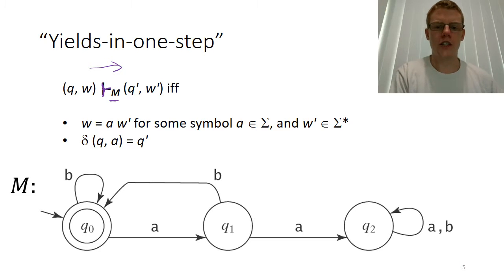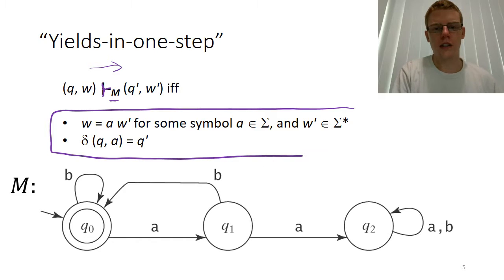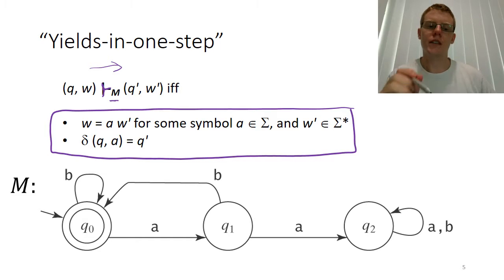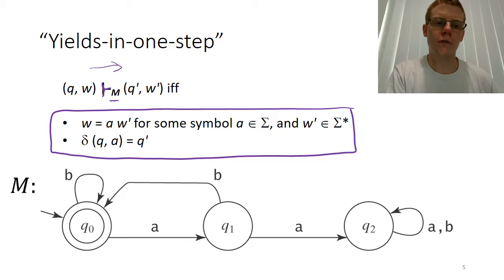So here's the formal definition, but you can look at that a little bit more in your own time. But essentially, yields in one step means that we can go from a configuration of a particular state and an input to another and relate it to another state and an input if we can make one step in the machine to go between those two configurations.